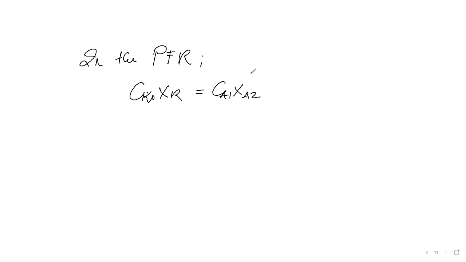The amount converted in the PFR, CA1 XA2, is actually CA1 minus CA2. Now, since we know already CA2 and CA1, we will know this one.